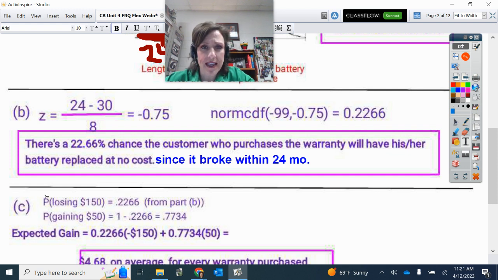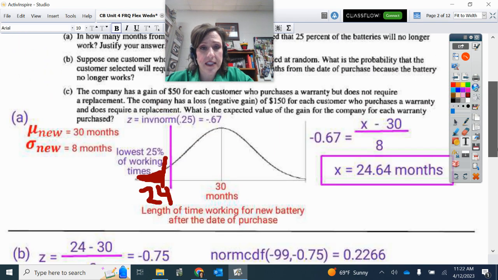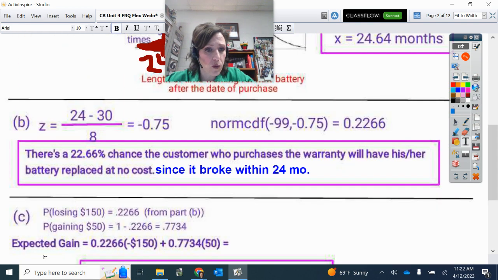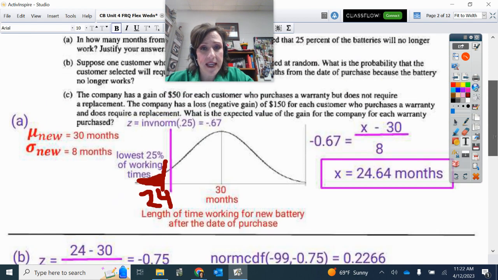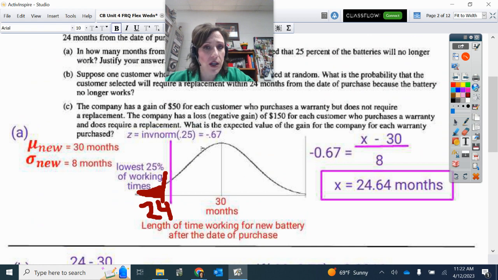And the law of large numbers says that that's the probability, and that's what's going to happen. That's the proportion that will end up losing the company $150. But the company will gain $50 whenever they take into account all these other times, the 77 point whatever, so 1 minus that, 77.34% of the time, then they get to keep people's $50 that they spent.